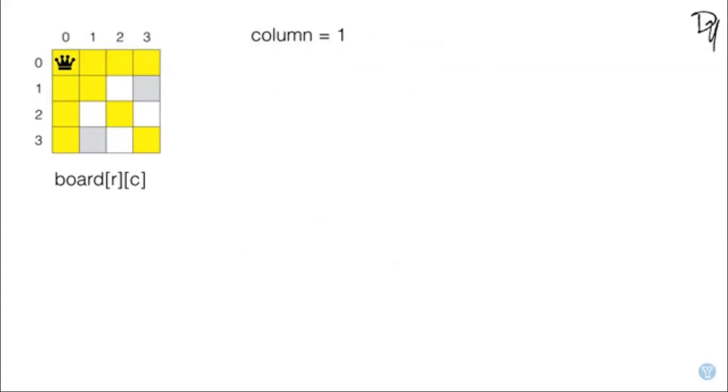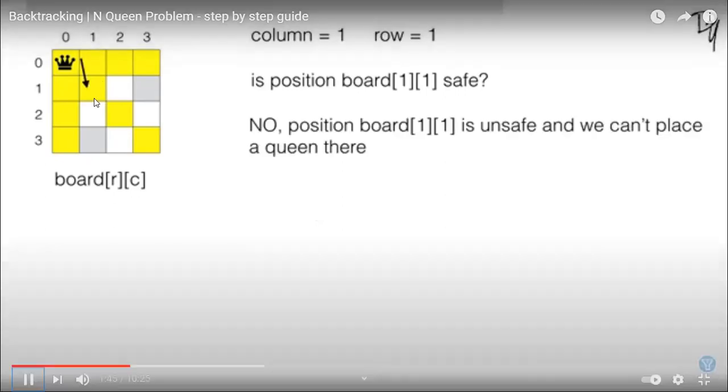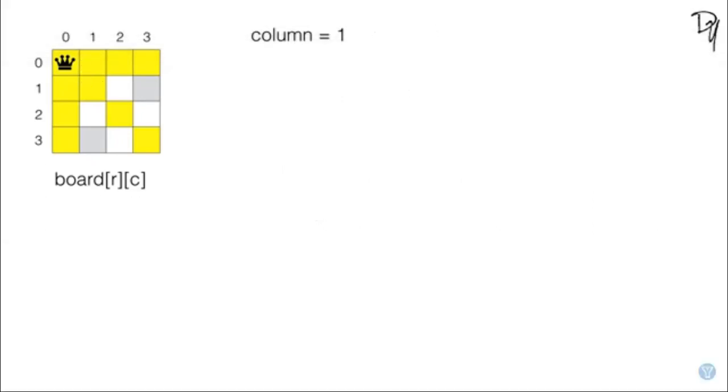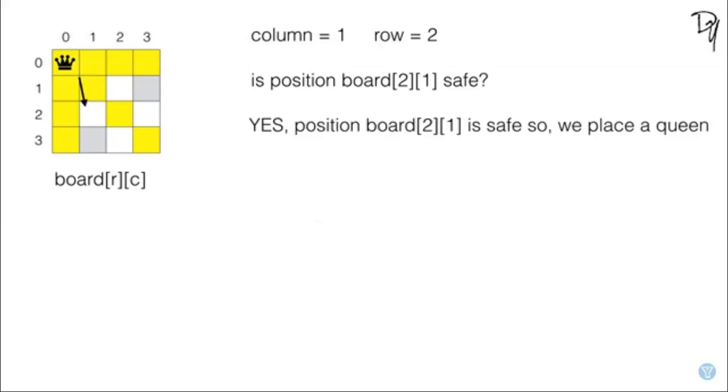Now column is 1 and row is 1, and we'll check whether this position is safe or not. The highlighted position shows it is not safe. So again we increment the row by 1. Now the position is 2, 1. This is a safe position, because there is no highlighted position.